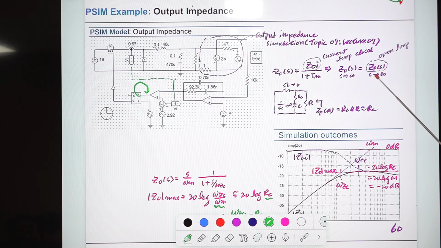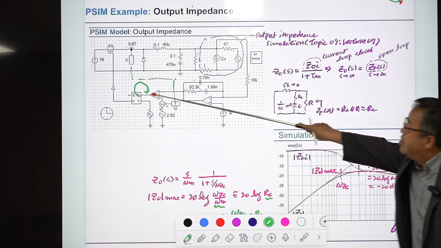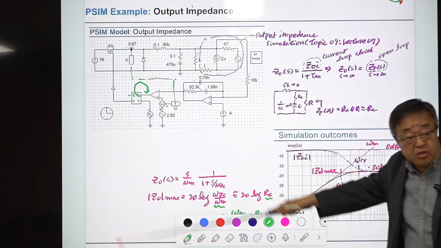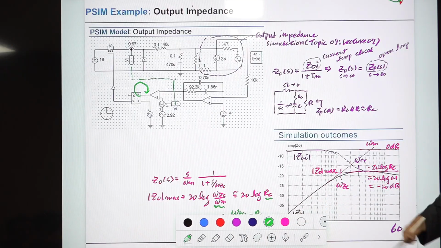This is true for the voltage mode control and the current mode control, because if the frequency increases, TM becomes very small, and the internal loop, because the duty ratio to inductor current transfer function has this kind of feature, becomes very small.